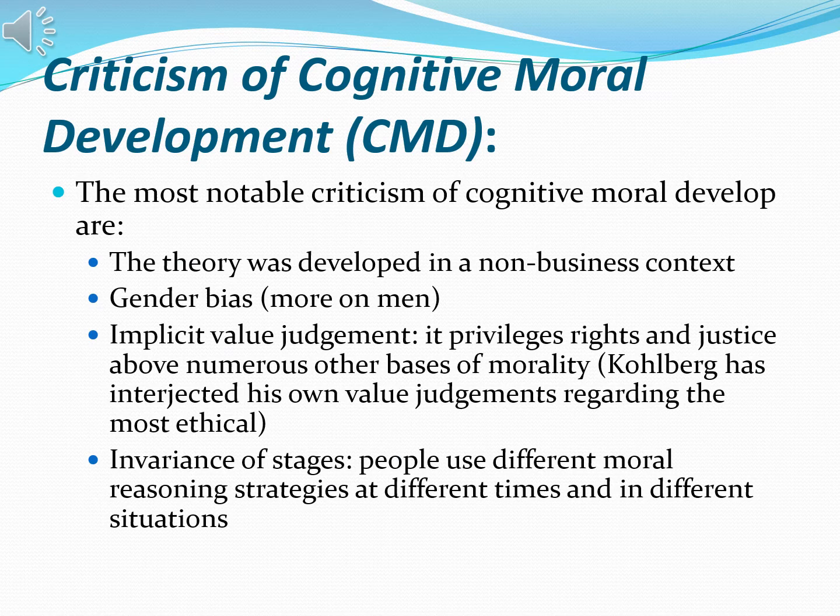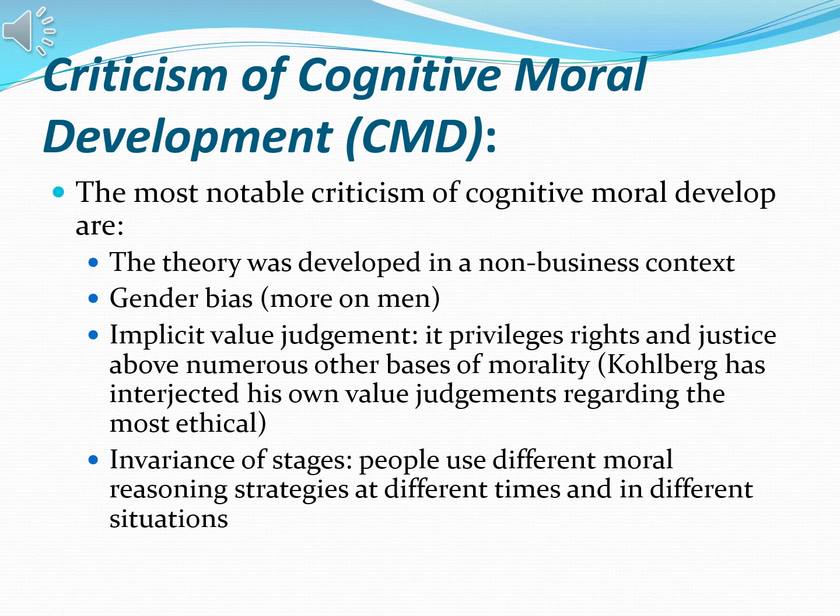Of course, there's some criticism of this cognitive moral development. The most notable criticisms are that the theory was developed in a non-business context, and gender bias, more on men. Implicit value judgment: it privileges rights and justice above numerous other bases of morality. Kohlberg has interjected his own value judgment regarding the most ethical.